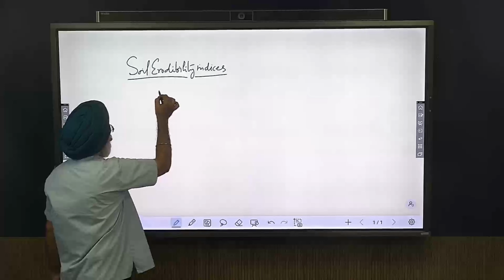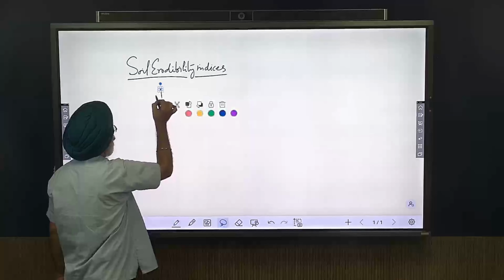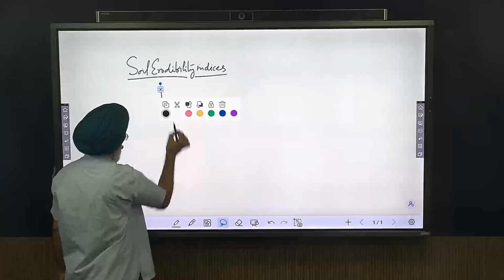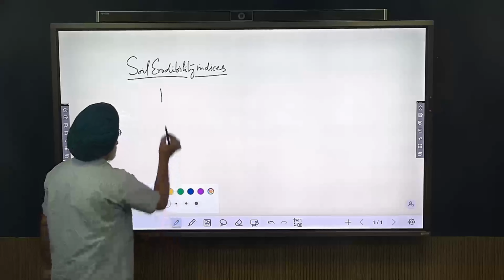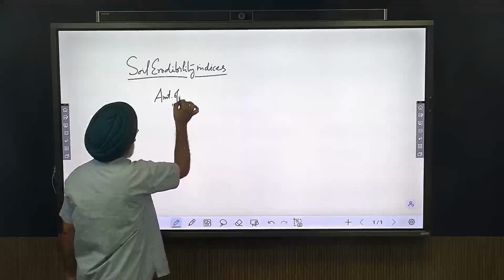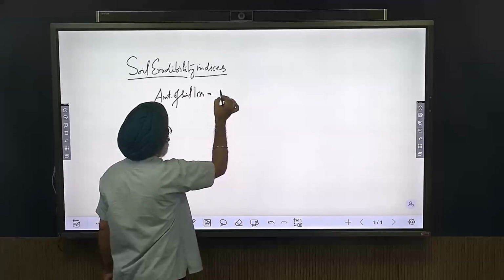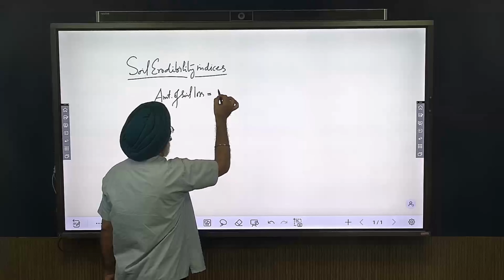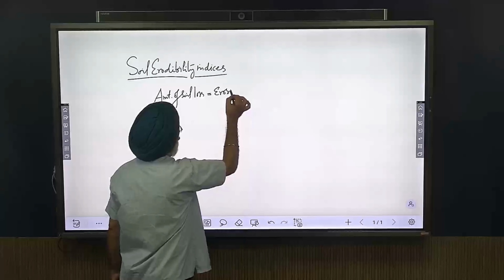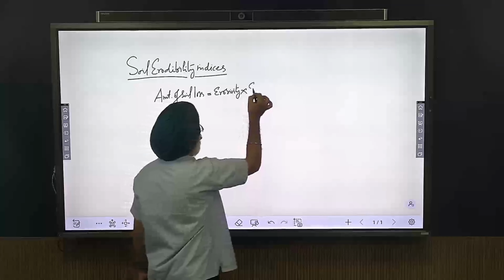Basically, if we have to calculate the amount of soil loss at a particular place, this is equal to erosivity multiplied by erodibility.